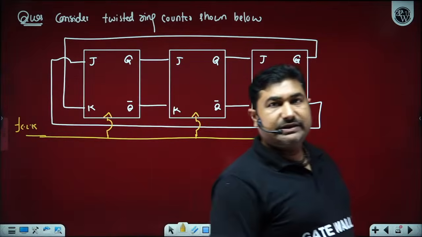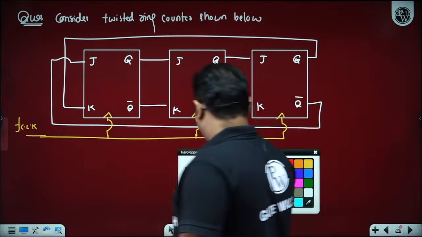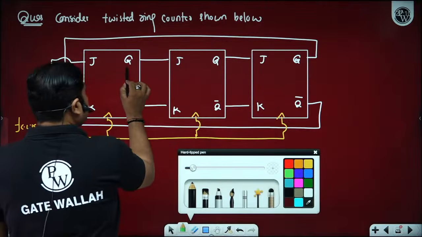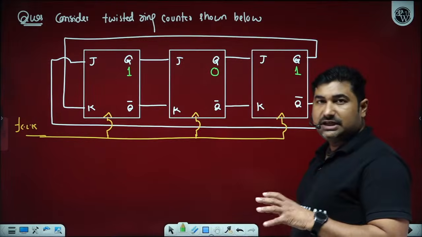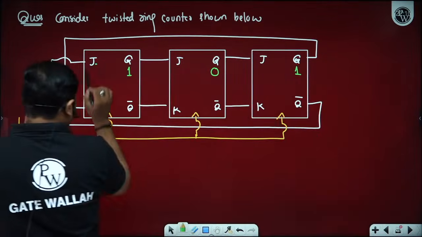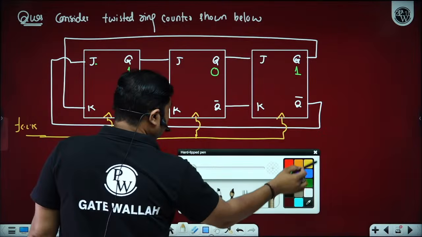If the clock frequency is FCLK and the initial state is also given to you: 1, 0, 1. Okay, 1, 0, 1. The initial state is also given to you.